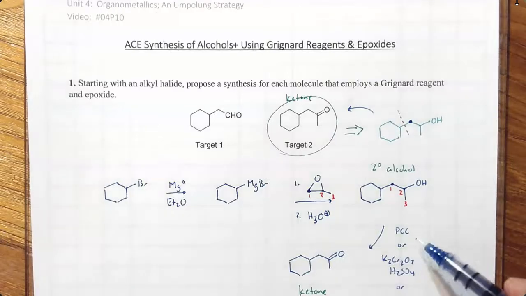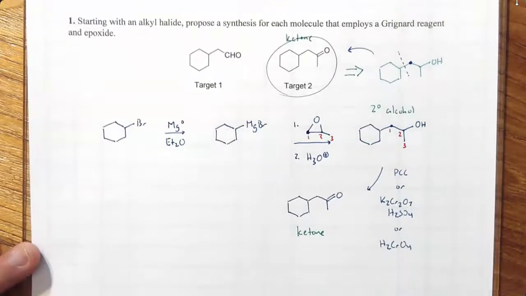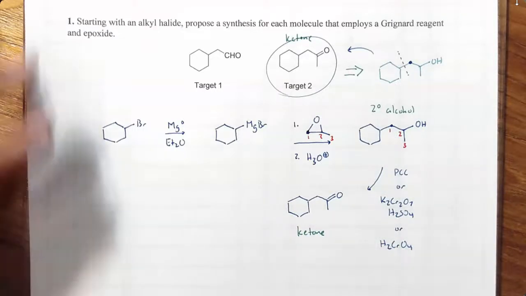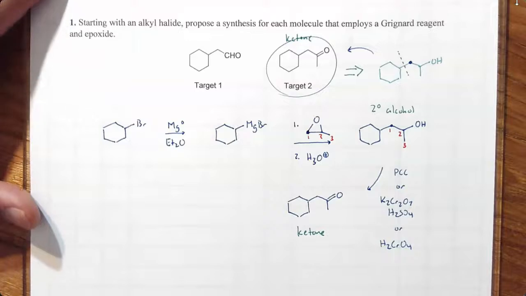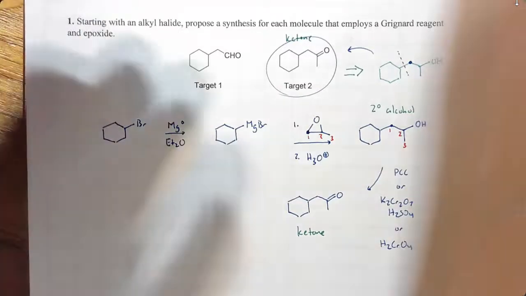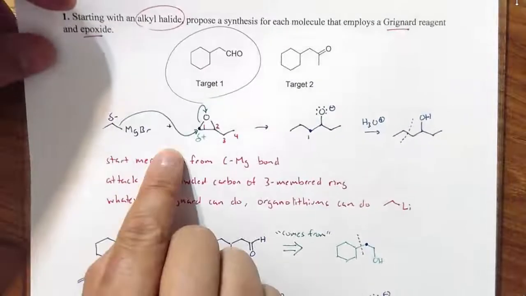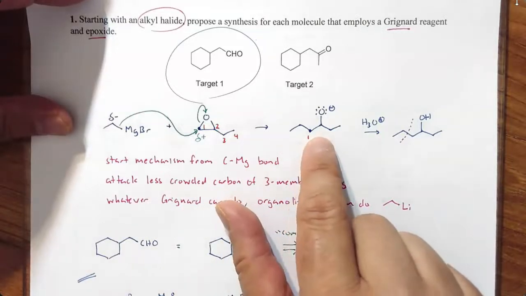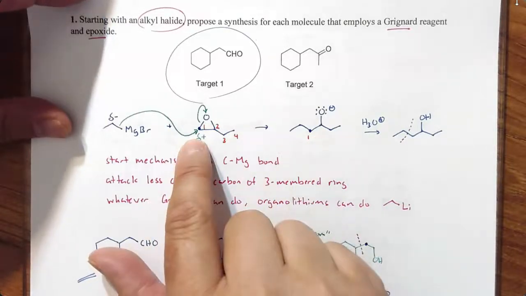So any of those three reagents will do the oxidation of a secondary alcohol to a ketone. Make sure you practice, and when in doubt, go ahead and try a simple example, just to remind yourself where that oxygen ends up when the epoxide is attacked and opened up.